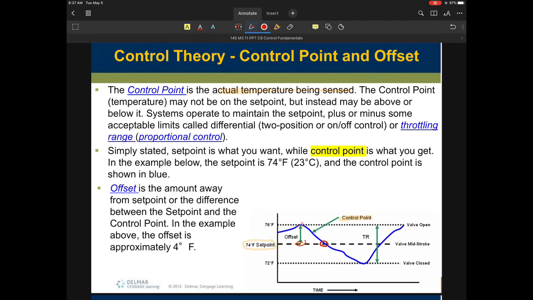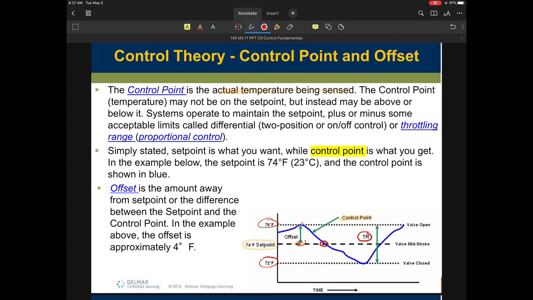and in this case my offset is actually 2 degrees away from that. So let's say the entire distance away, in this particular case, would be the throttling range. I'm going to put this down here. The throttling range or proportional band is actually the difference between the higher and the lower. So that's going to be a throttling range of 4 degrees.